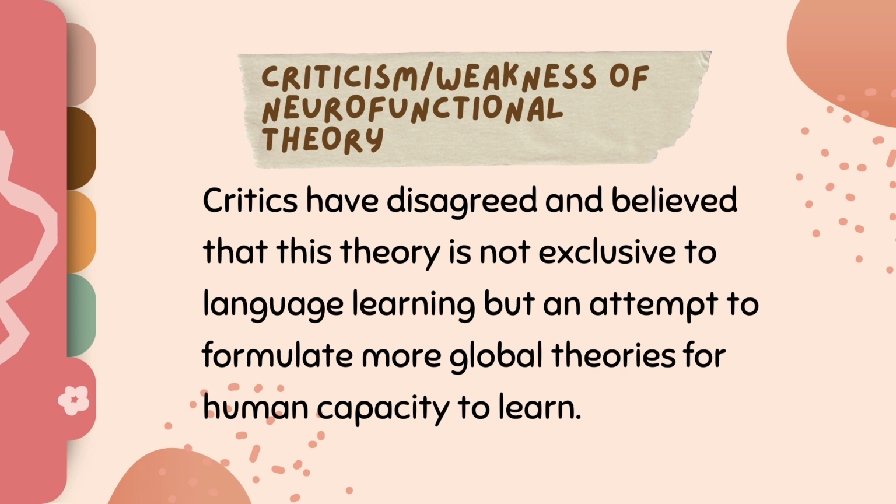Neurofunctional theory states that the neural systems specific to language are to some extent innate and genetically programmed. However, critics have disagreed and believe that the perspective of this theory is not exclusive to language learning, but an attempt to formulate a more global theory for the human capacity to learn.